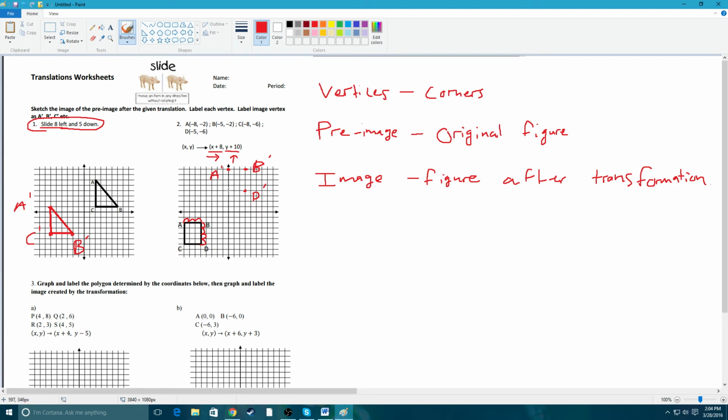Okay. And C is 4 spaces below A, so C prime is also 4 spaces below A prime. And so our translated figure will be right here. Okay? And that is our image.